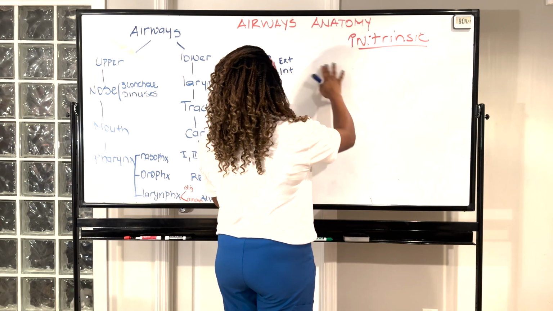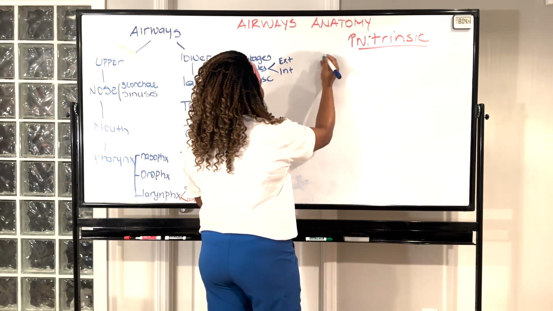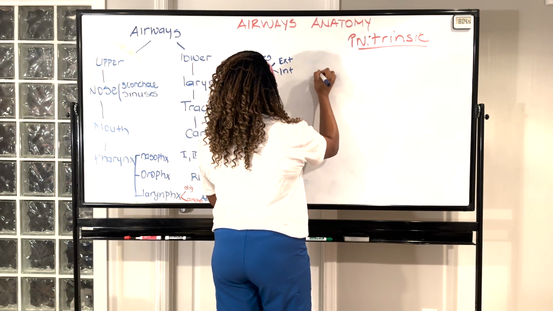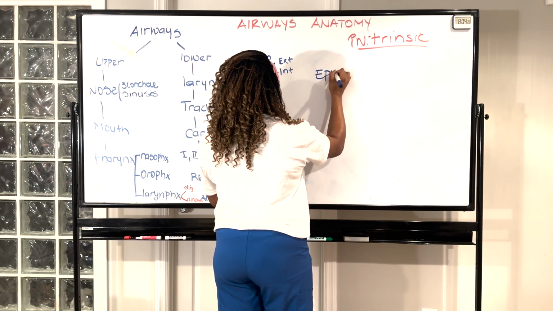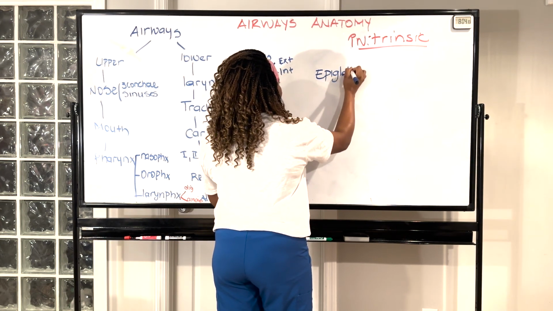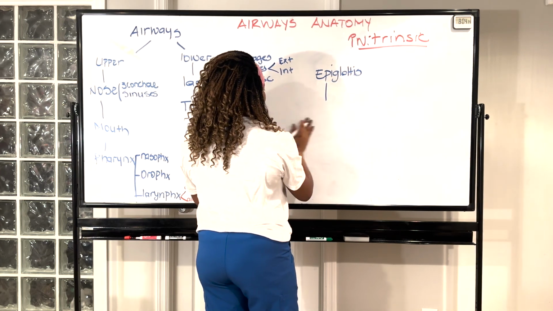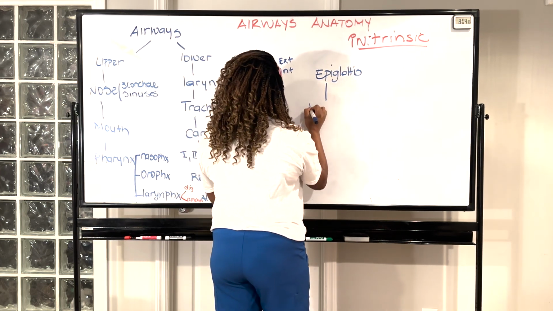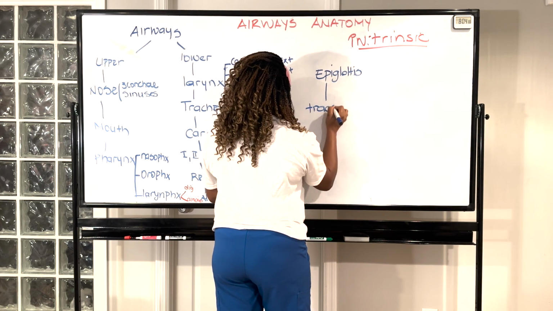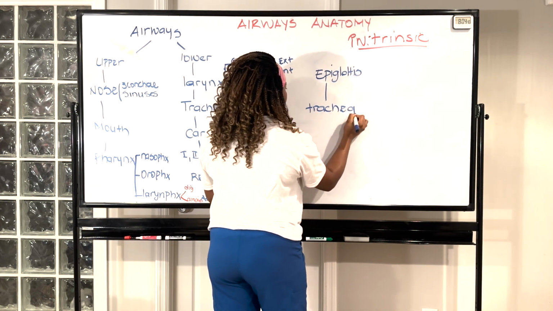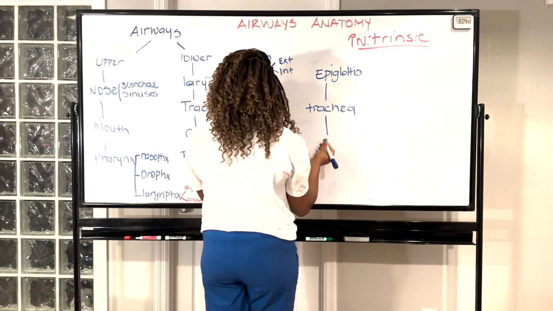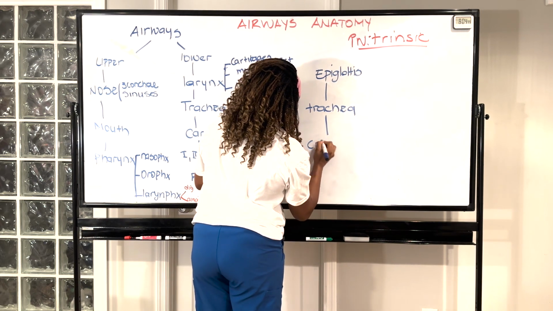So the hyoid bone is on top, and then we have, remember, the epiglottis. After the epiglottis, you have your trachea. After your trachea, you have the cricoid.